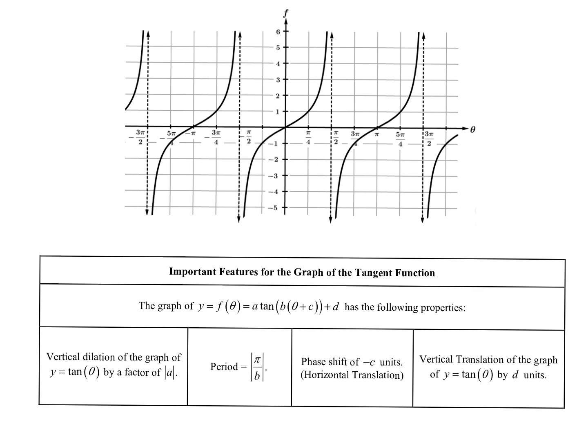I want you to actually, Trace is going to read this part. Vertical dilation. Vertical dilation of the graph of y equals tangent of theta by a factor of absolute value a. All right. So the a does not always represent the amplitude in sine or cosine either. It kind of does, but sometimes a is a negative because the negative makes it do what?